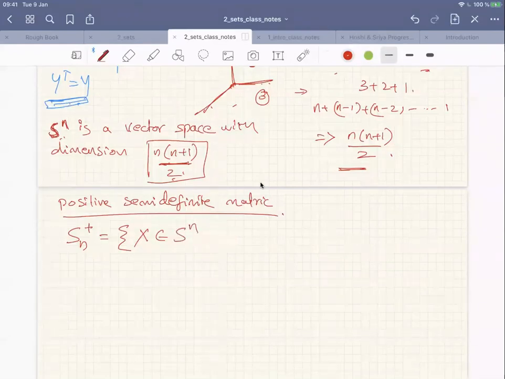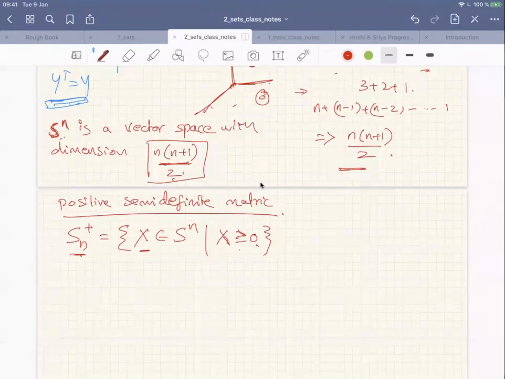All the positive semi-definite and all the positive definite matrices are symmetric matrices. So that is a matrix such that X is greater than or equal to 0. This means X is a positive semi-definite matrix, right? So if you collect all such matrices, then that set is this one.